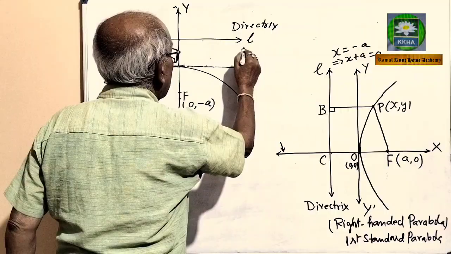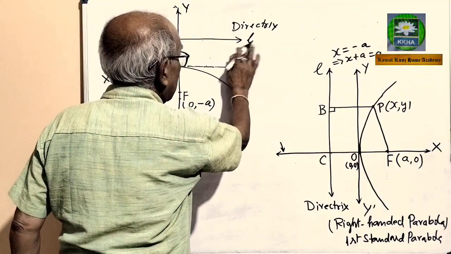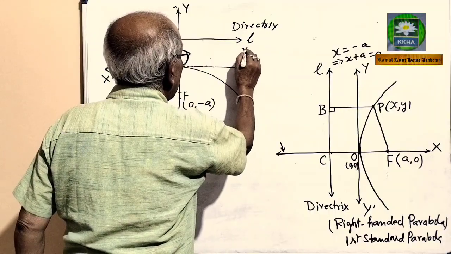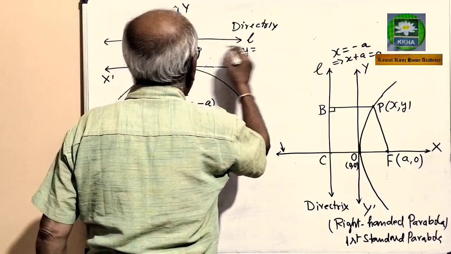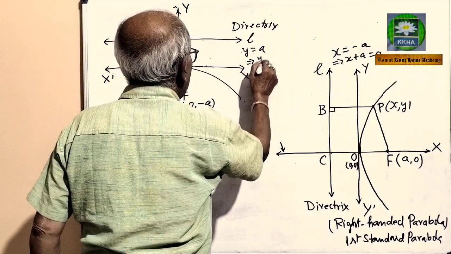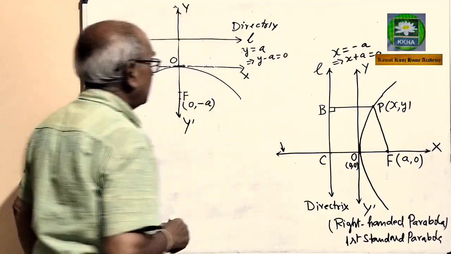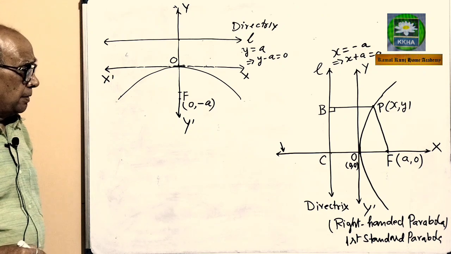Here the equation will be y equal to a, so y minus a equal to 0 will be the equation of directrix of the downward parabola.